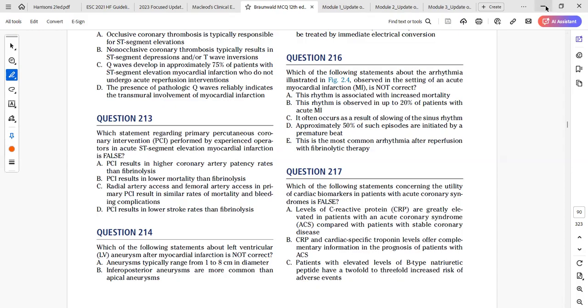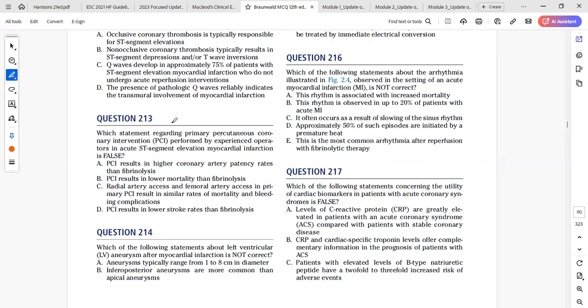When there's an increase in BNP in patients with ACS, it's said to increase the adverse effect by 2 to 3-fold. So that's a true statement. Because it's a true statement, that makes it not the answer.